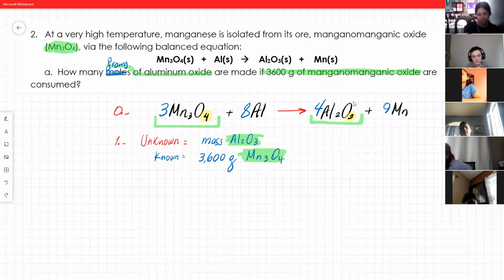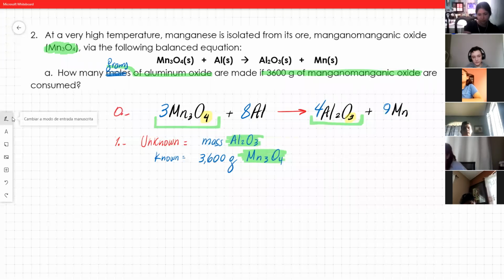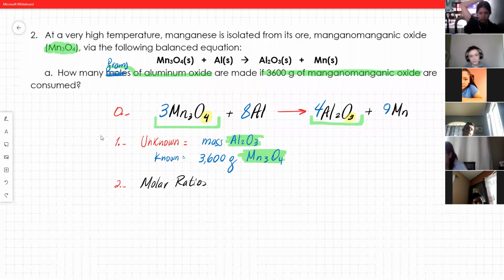From this, you get the molar ratios. What are the molar ratios involved here? 3 moles of manganic oxide and 4 moles of aluminum oxide.